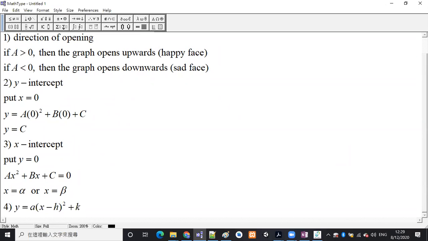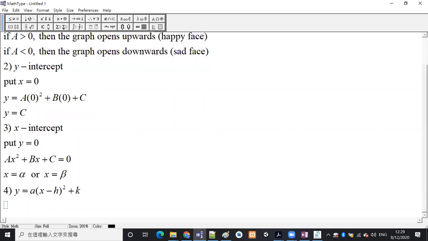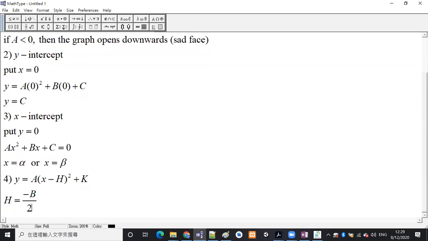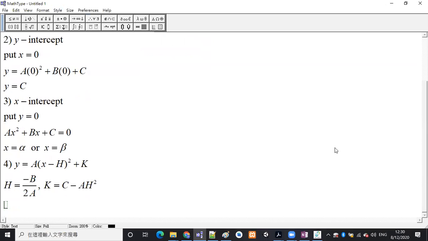Just use the calculator will be okay. Or you remember this formula. So h is equal to negative b over 2a, and k is equal to c minus a h squared. And that will be the vertex, equal to (h, k).